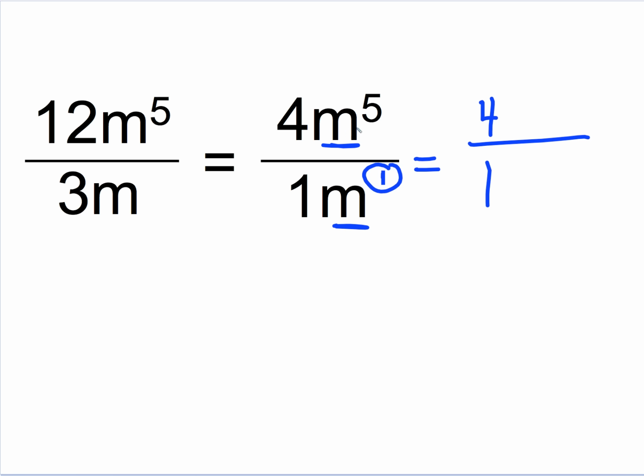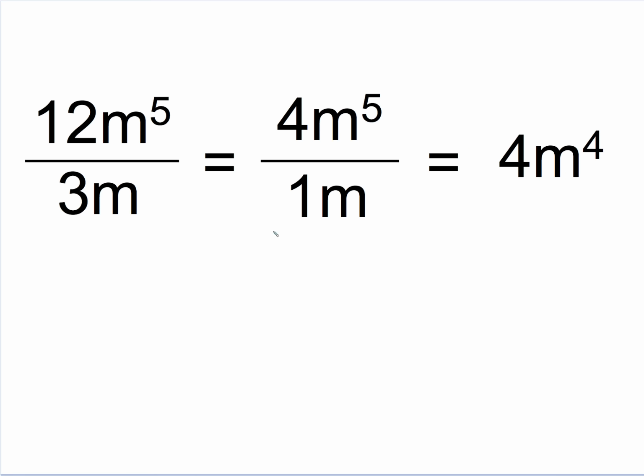Now since there are more m's in the numerator, there's 5 m's in the numerator, only 1 m in the denominator, that means my m's will stay in the numerator because there's more of them. And then I just subtract 5 minus 1 is 4. Now remember, since I ended up with only having a 1 in the denominator, I don't even need to write that, so my final answer would be 4m to the 4th power. Since I don't know the value of m, this is my final answer.